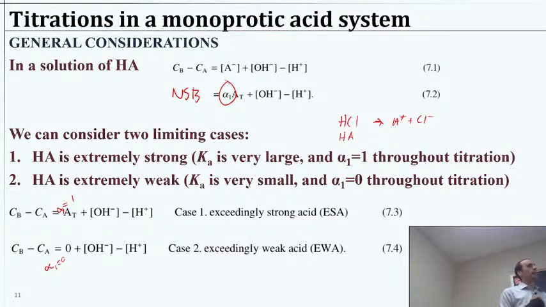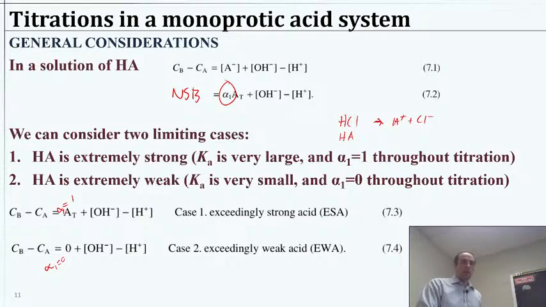So maybe the pKa is so high, say pH 10 or something, that everything we're interested in, perhaps below that, is going to be in the HA form. That would be an exceedingly weak acid. That means our Cb minus Ca becomes simply OH minus minus H plus.